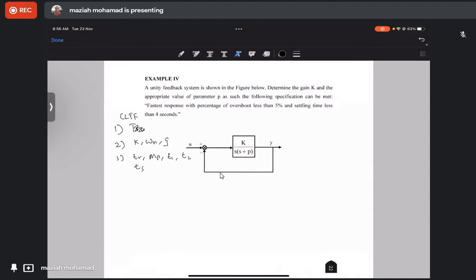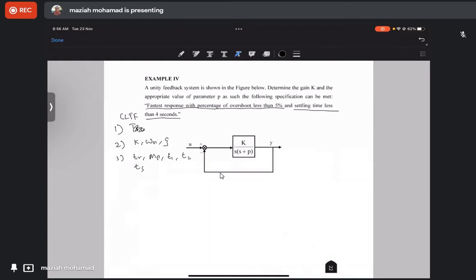Right, so the specification given in this example is: fastest response with percentage overshoot less than 5% and settling time less than 4 seconds. So it is based on the maximum overshoot and settling time.